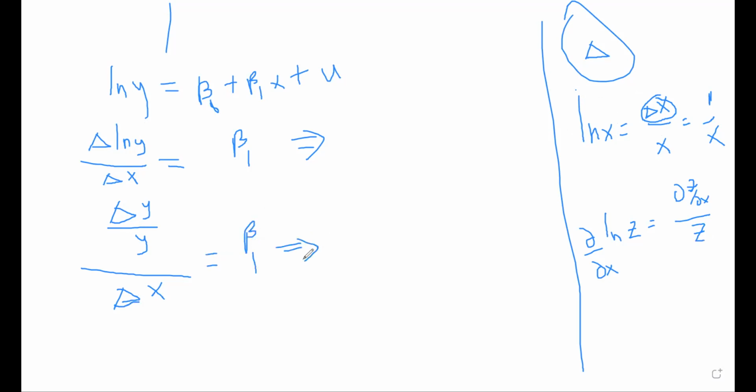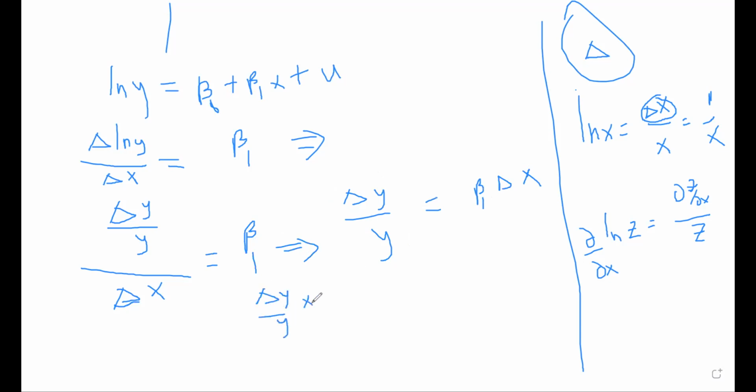Let's cross multiply. Then we have change in y over y equals beta 1 times change in x. As you can see, this looks like change in y over y. So immediately I multiply by 100, then I get a percentage change. I'm going to multiply both sides by 100.